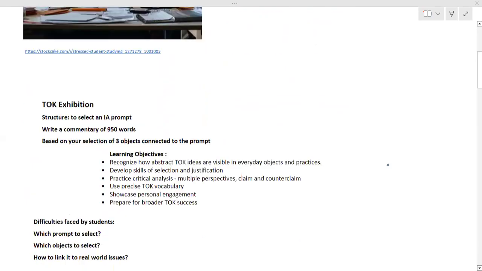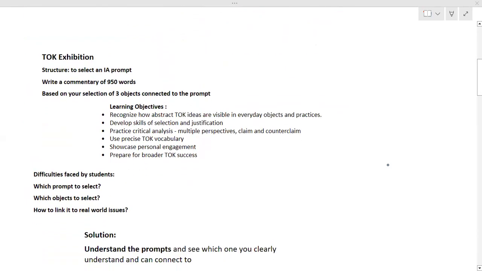Now, when you look at TOK exhibition, the IB requirements are these. You have to select one IA prompt and you have to write a commentary of 950 words based on your selection of 3 objects which should be connected to the prompt, the IA prompt which you had selected.